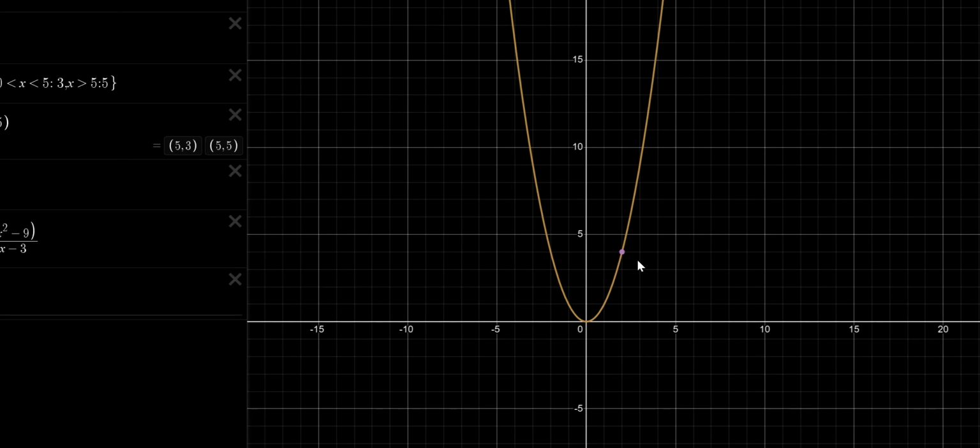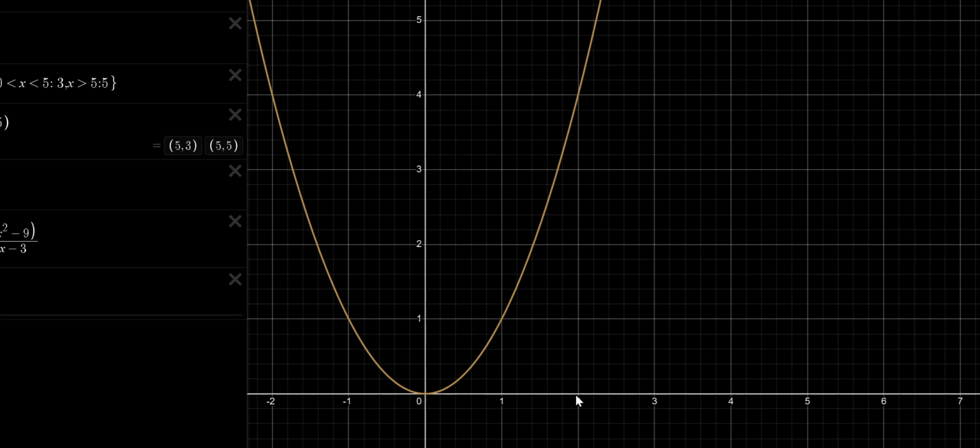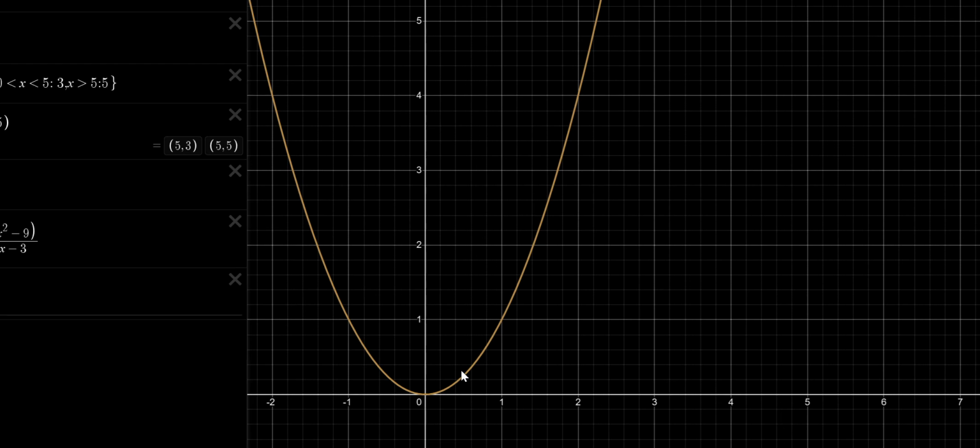And now let's say we didn't have this point, but we know we want to get to x approaching 2. Let's say you're a little human person and you're running on this parabola.